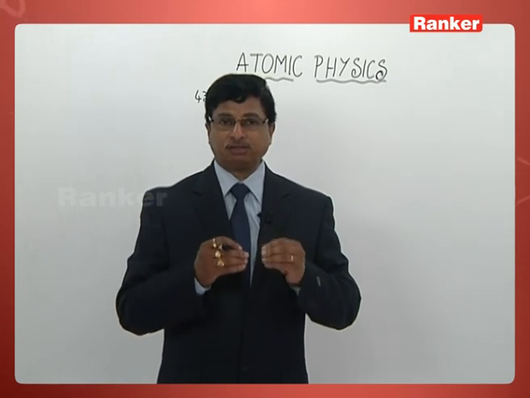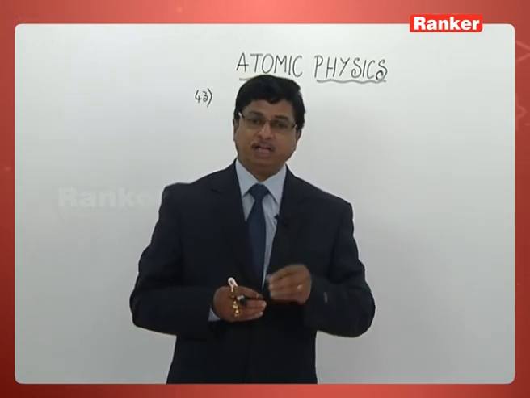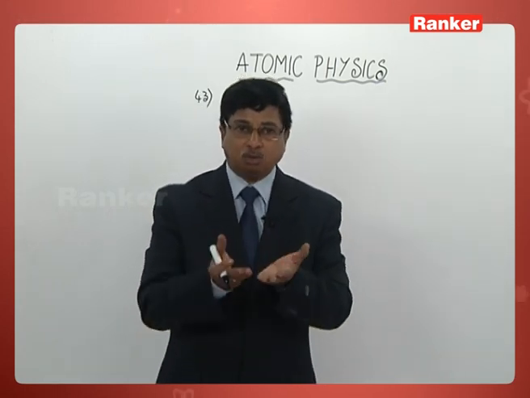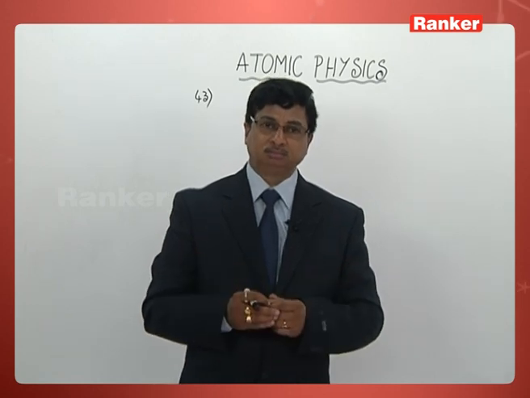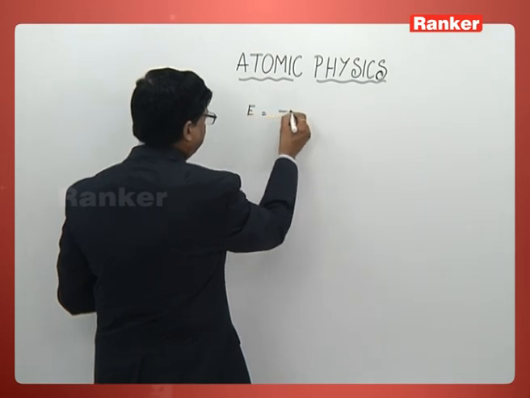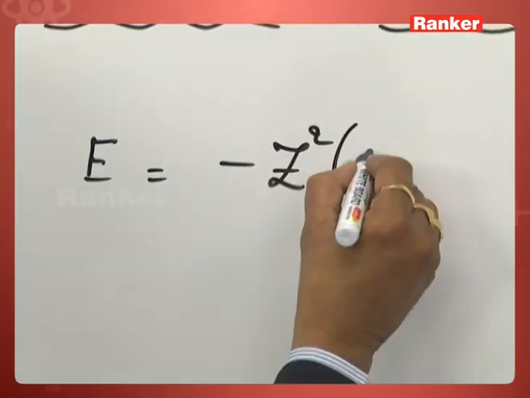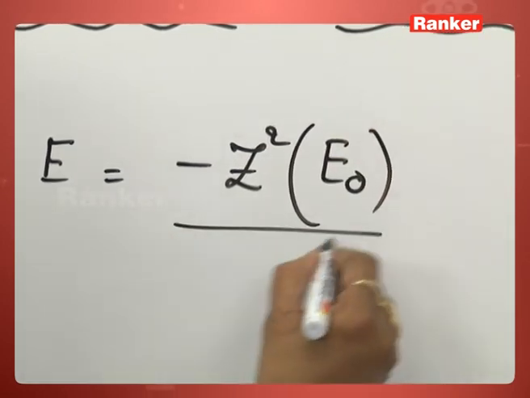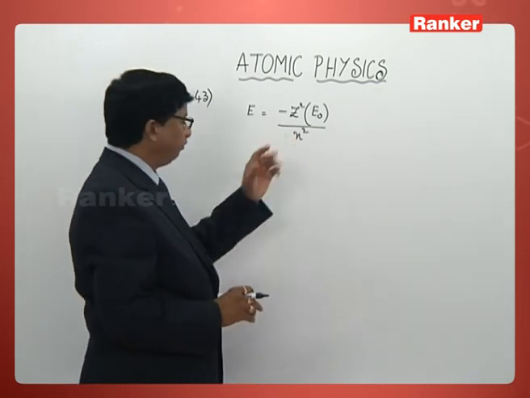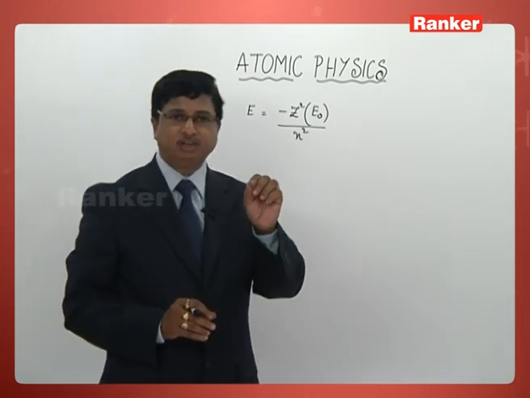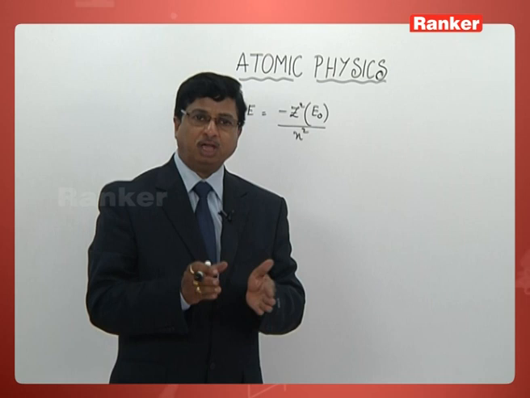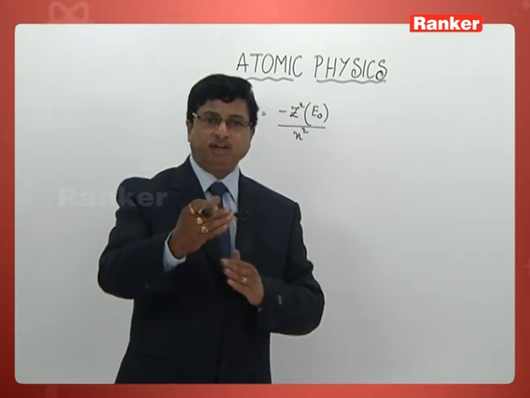So what we should understand first of all here is the energy required to remove an electron from the ground state, the basic one. You can directly understand it this way: the energy is minus Z square into E naught divided by n square. In fact, energy is inversely proportional to n square when you take Z as constant, when you are comparing the same atom in two different cases.